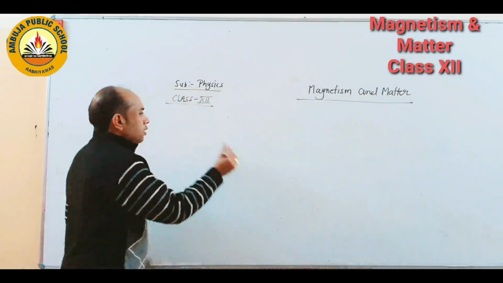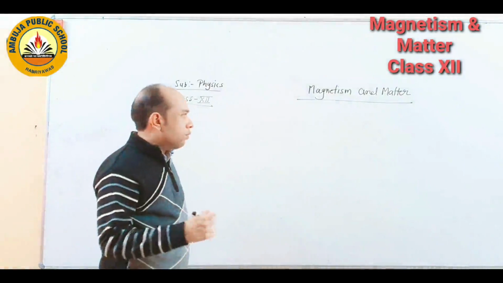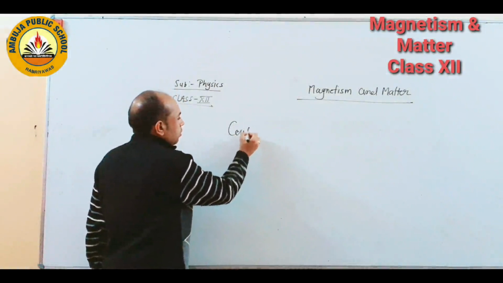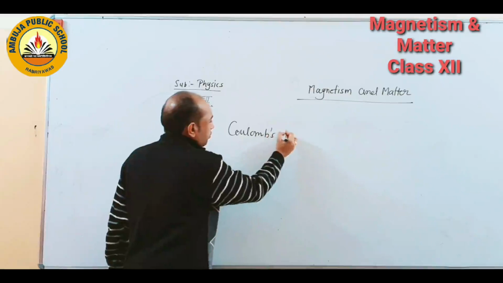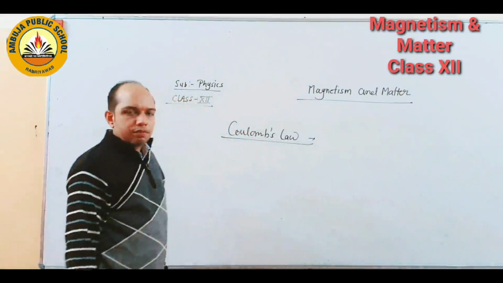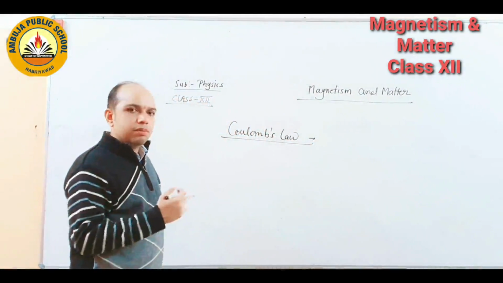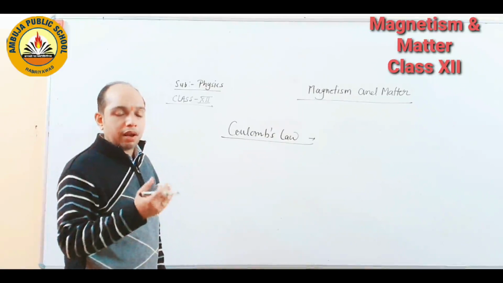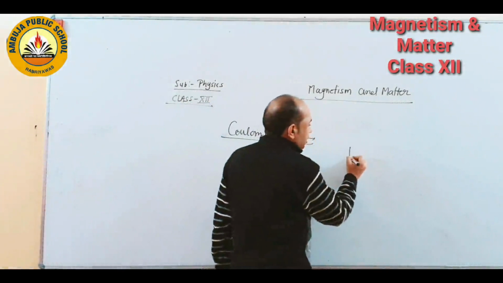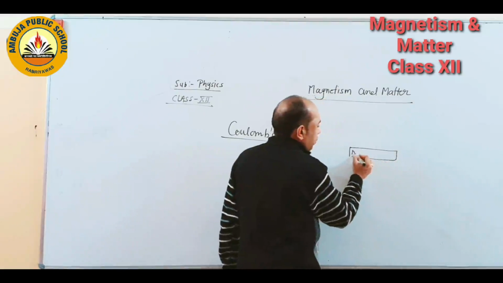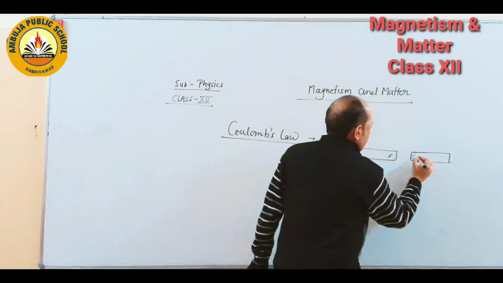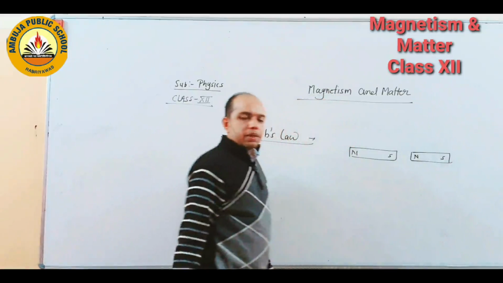In order to experience the magnetic force, the scientist Coulomb suggested a law called Coulomb's law in magnetism. Like electrostatics, when two charges are placed some distance apart, there must be some attractive or repulsive force. Similarly here, when two magnets are near each other, they also experience some force.